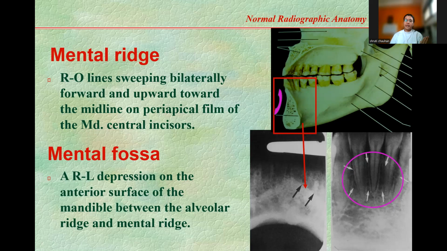It is radiopaque. The fossa is less of bone, so more X-ray is passing. So how is it going to appear? It's going to appear as radiolucent. So it is a radiolucent depression on the anterior surface of the mandible between the alveolar ridge and the mental ridge. Done?